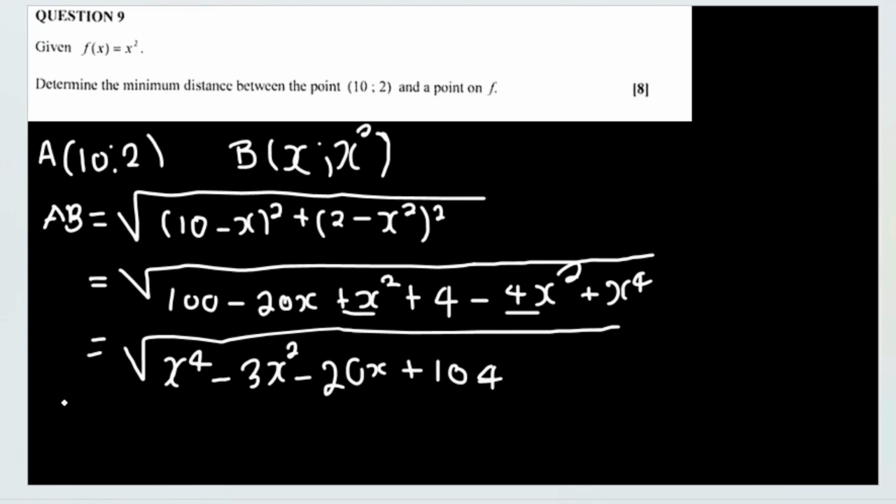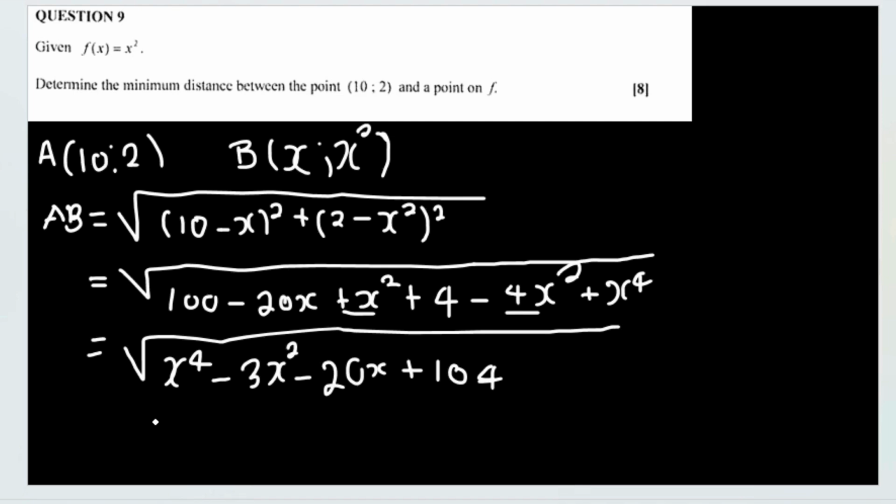Then to get the minimum distance, I need to take this distance, derive it and equate it to 0, because this is how we can get our x value. Then take the x value and substitute back into our distance formula to get the minimum distance.